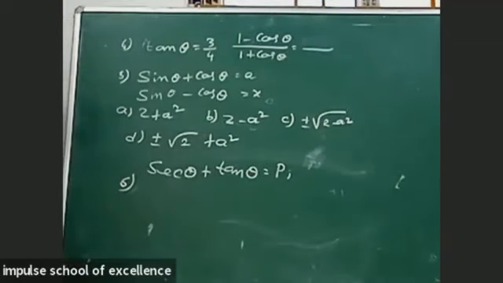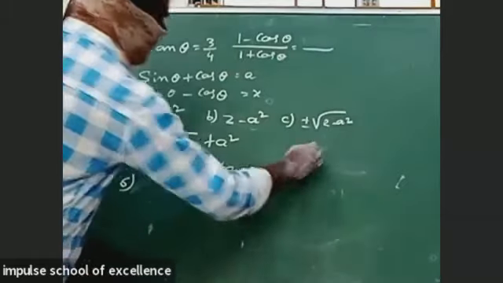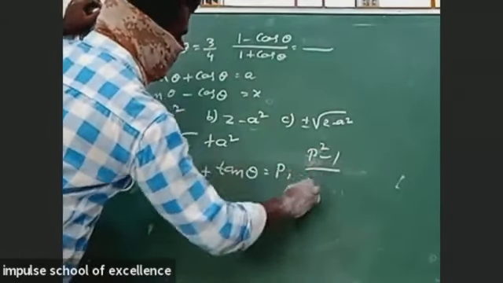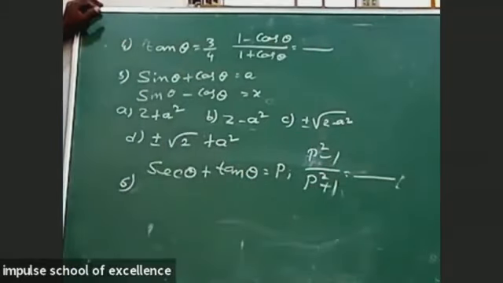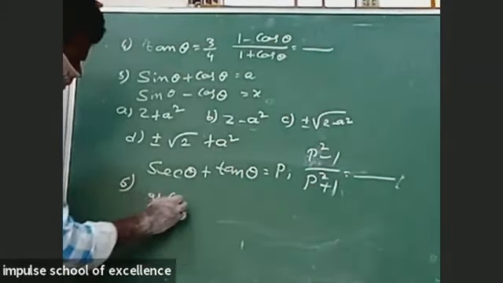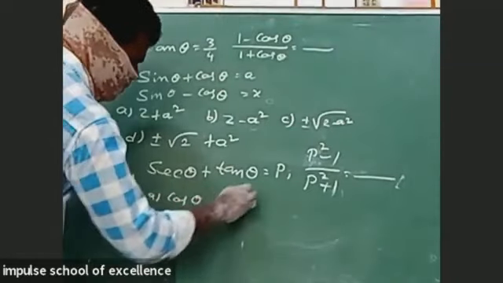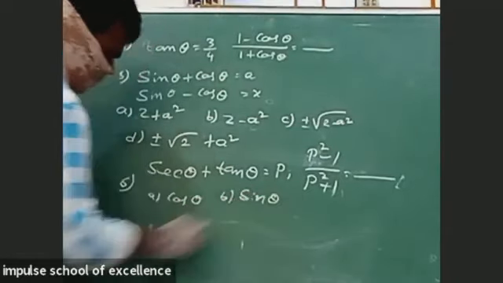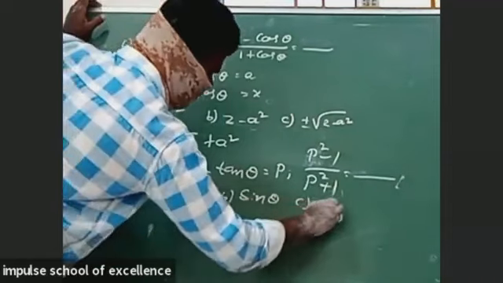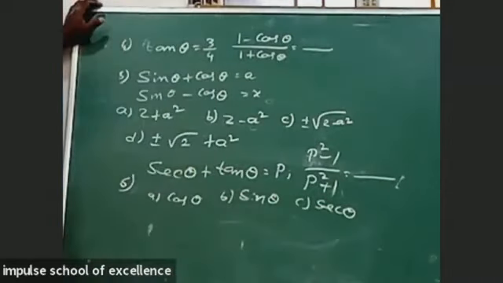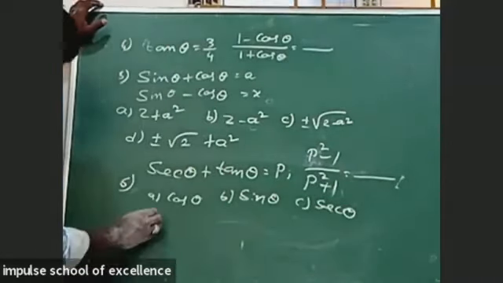So p square minus 1 by p square plus 1 is equal to dash. Option A cos theta, option B sin theta, option C secant theta, and option D cot theta.